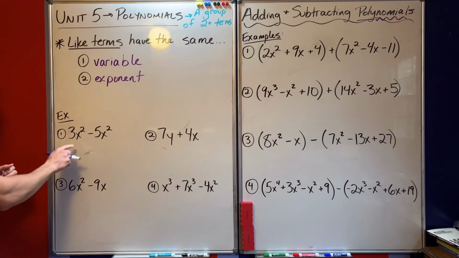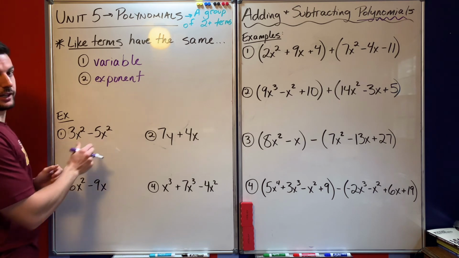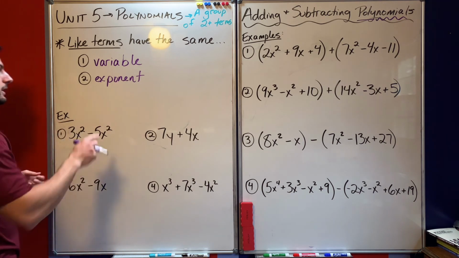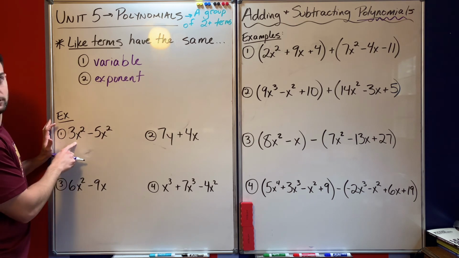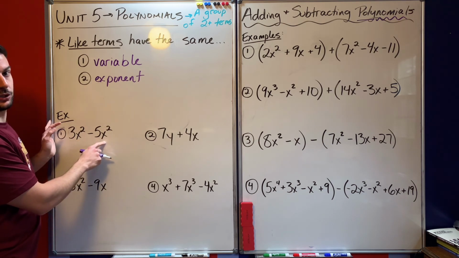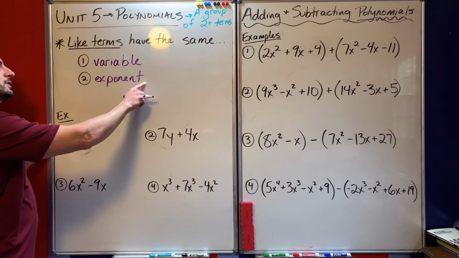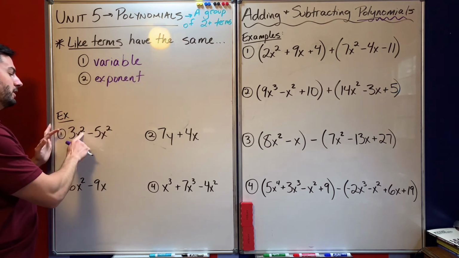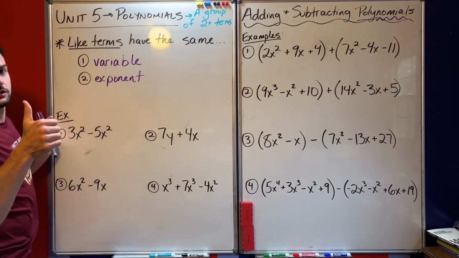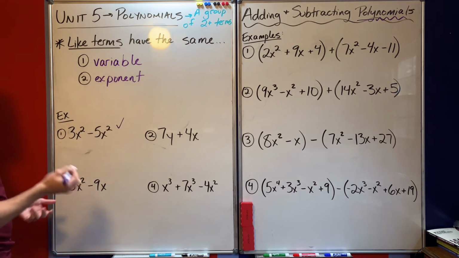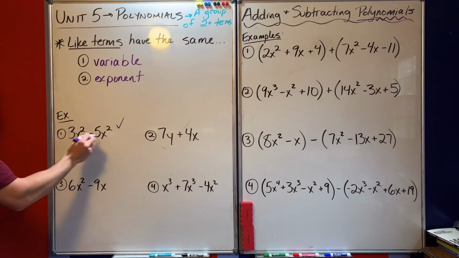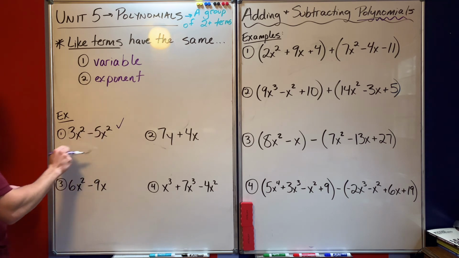Some of these examples we're going to be able to add, some of them we're not. This one says 3x squared minus 5x squared. We do our checks. Does it have the same variable? Yes, they're both x's. Do the variables have the same exponent? 2 and 2, yes. So these are like terms, which means I can subtract: 3x squared minus 5x squared.